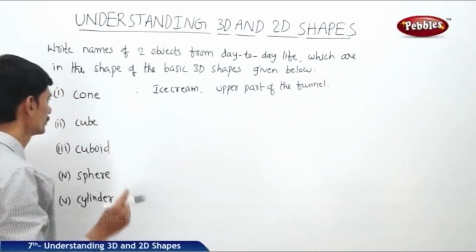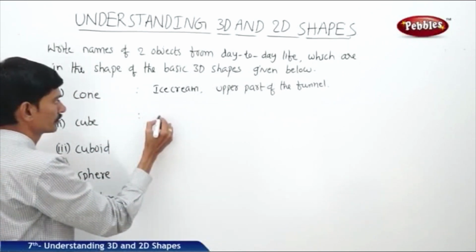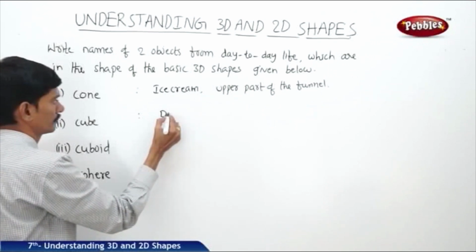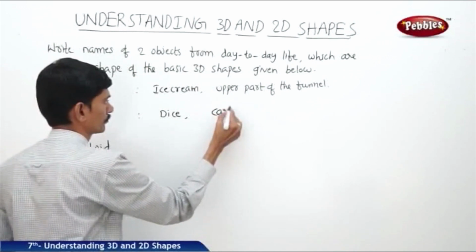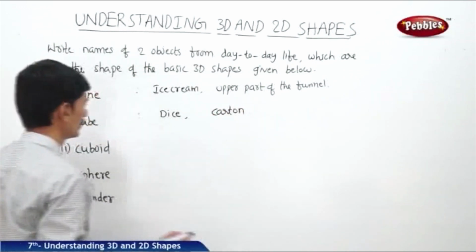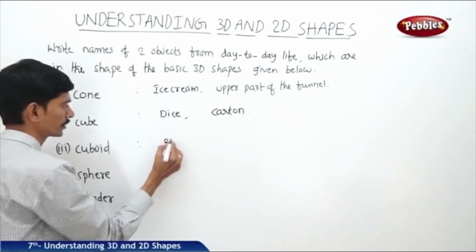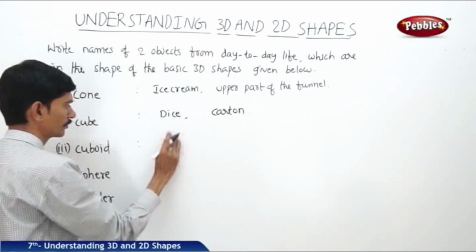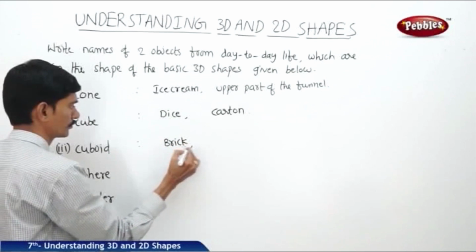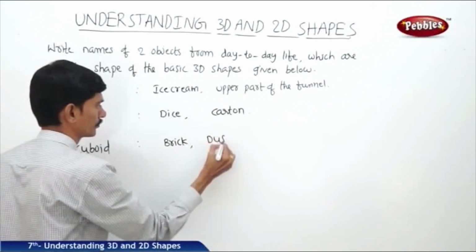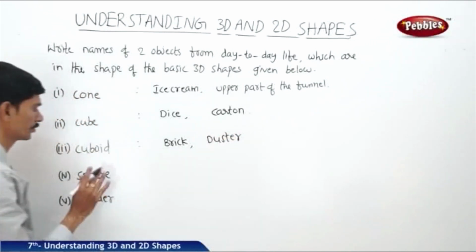And if you take the 3D shape cube, we can take dice and we can take cotton. And the cuboid, so we can find a brick in the shape of a cuboid, or a duster, or a textbook also in the shape of a cuboid.